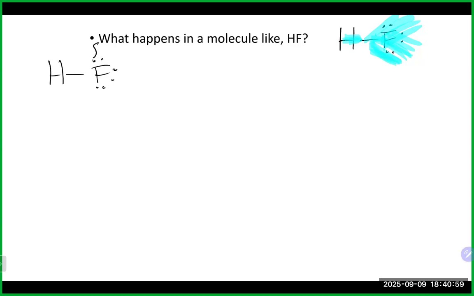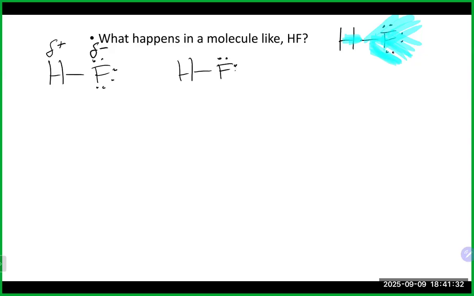That's going to create a partially negative charge on fluorine. That's a delta negative symbol, by the way. And that would make the hydrogen partially positively charged. As the electrons move away from the hydrogen, it becomes electron deficient and more positive, and the fluorine, holding the electrons closer, becomes more negative.